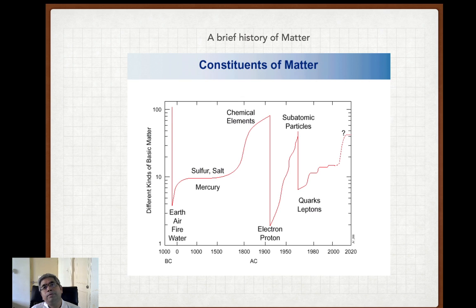And much later that led to something called alchemy, which is essentially trying to understand the various elements and trying to turn elements into gold and all kinds of business, which led to the discovery and development of chemistry.